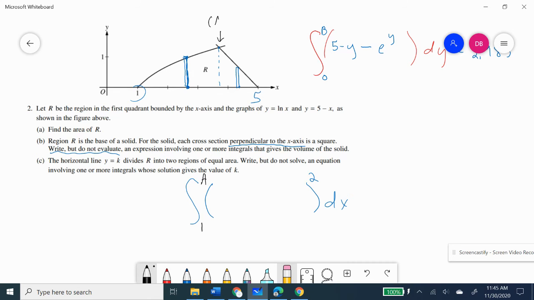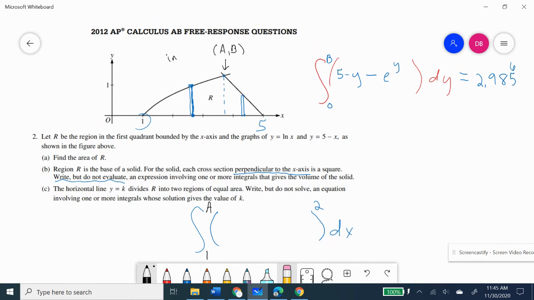So if I call this intersection point A comma B, we had already found B. For the previous problem, A is equal to 3.69344.